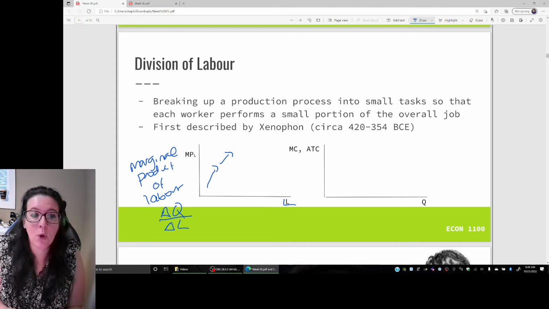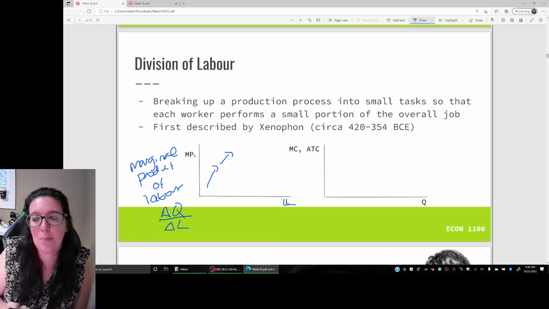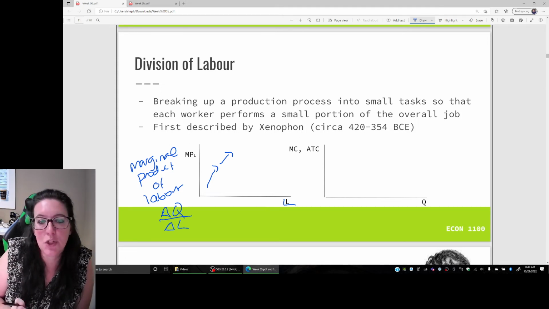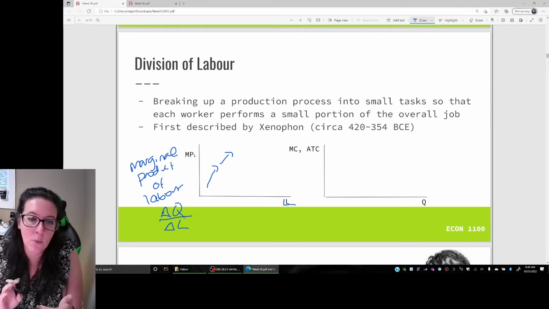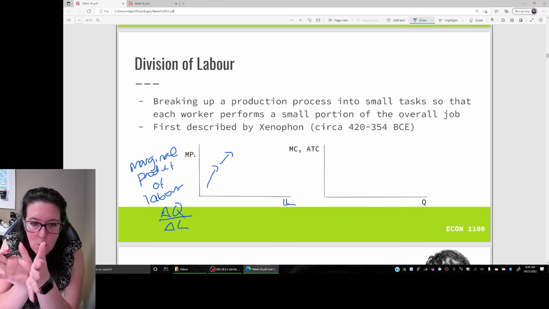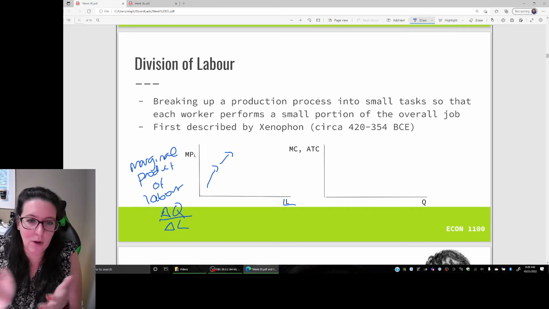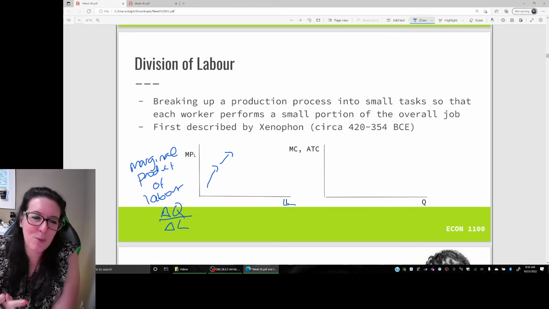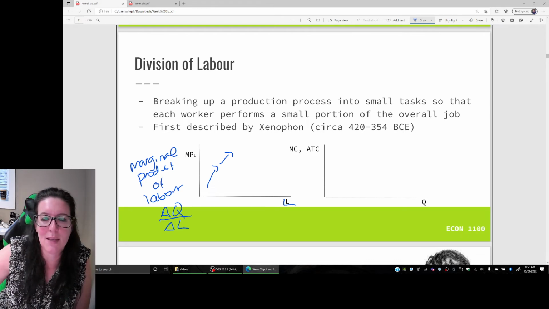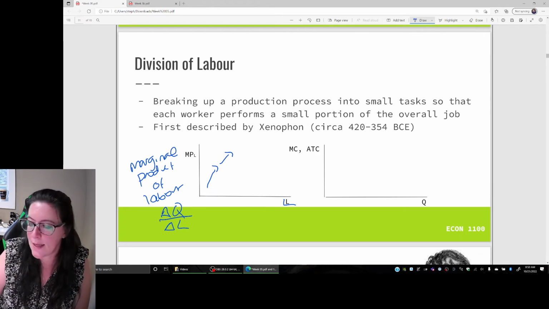Now, this only works as long as when we add people, there is additional jobs for them to do. So we add someone to make one wall or two sets of walls. It's a house, so it's got 4 walls. So if I make one corner, you make the next corner, somebody else adds the decorations, we're going to continue to see that marginal product of labor go up.